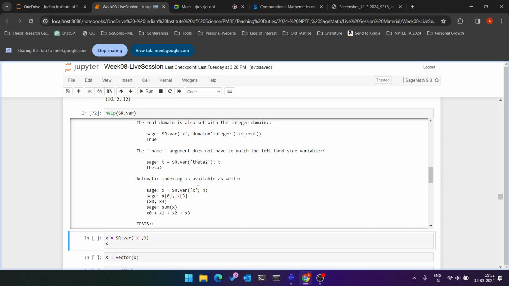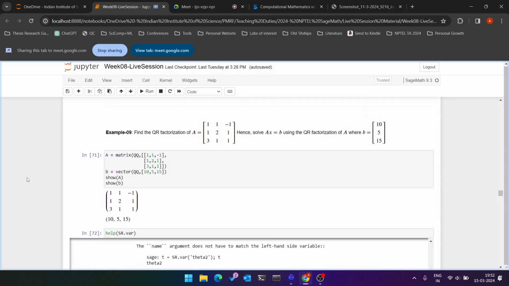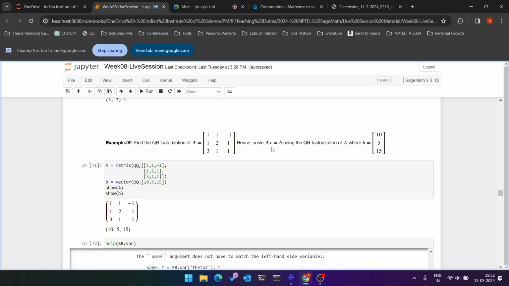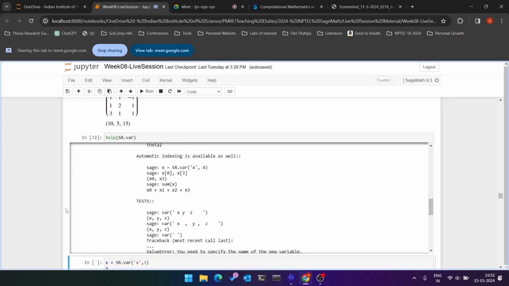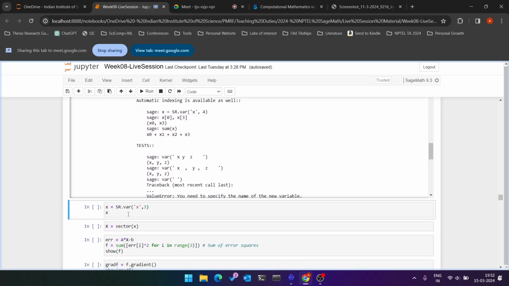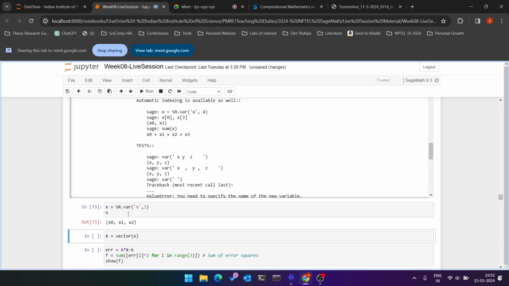So we'll be using this to find Ax equal to b. We'll basically be using this symbolic variable to define a vector of size 3 with the entries as variables x0, x1, and x2.